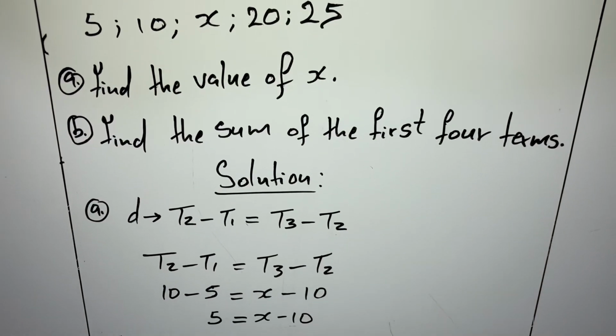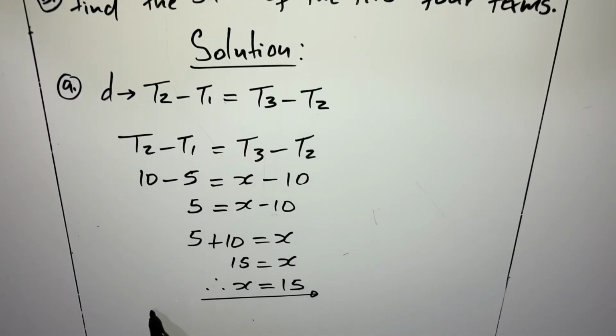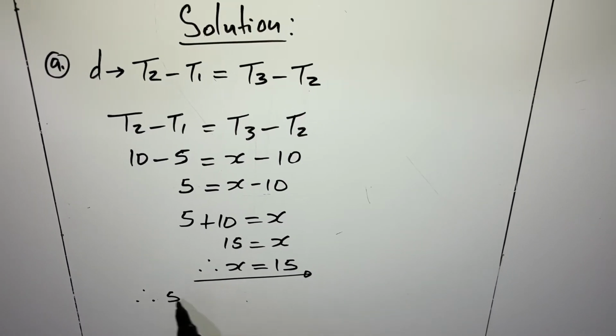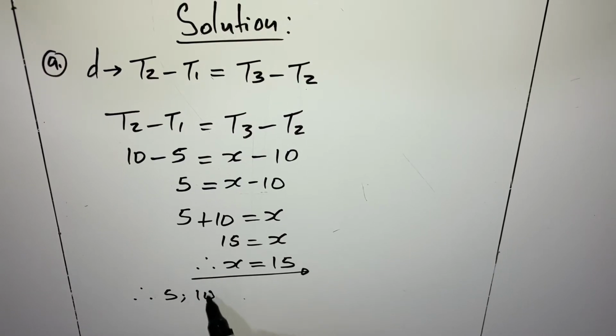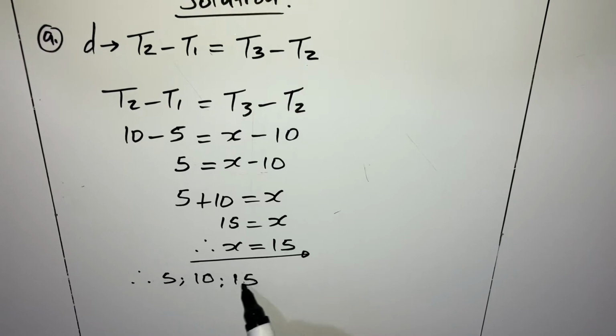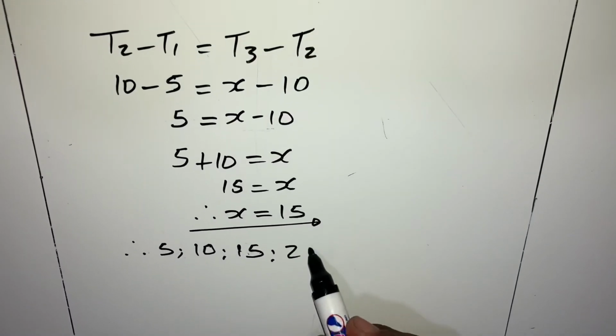So now we have the sequence 5, 10, and our value of x, which is 15, 20.